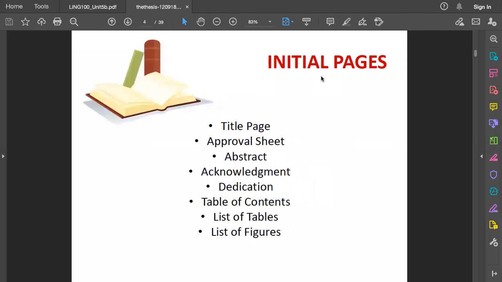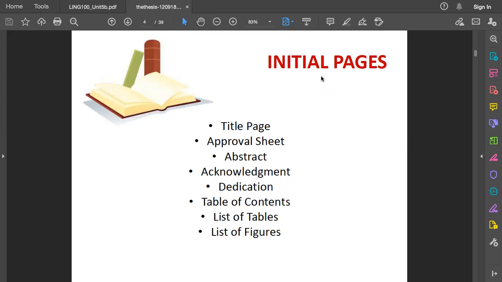So in BSIT, there is a research manual, but according to the research center, the ones handling research, the research manual is under renovation. It is being revised. I was asking for it for a long time already, but the revision is not yet done.